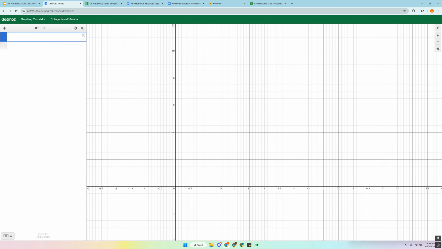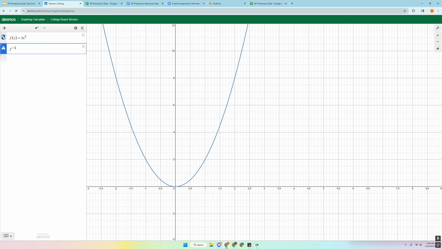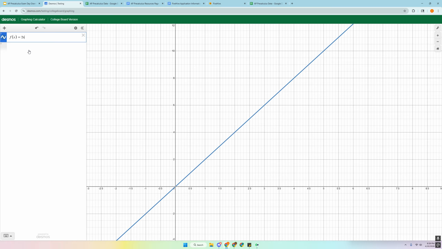And then we're going to try graphing inverse functions. Let's just say we have 2x squared. Let's check. I don't think you can do inverses. You can maybe do it the way f of x equals y.